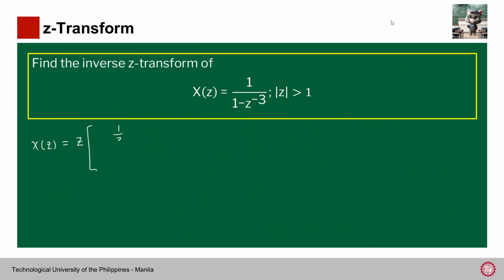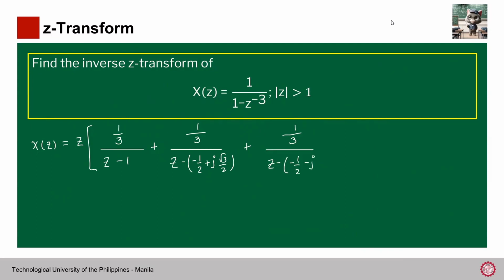So bali 1/3 over z minus 1, plus 1/3 over z minus negative 1 half plus j root of 3 over 2, plus another 1/3 over z minus negative 1 half minus j root of 3 over 2.